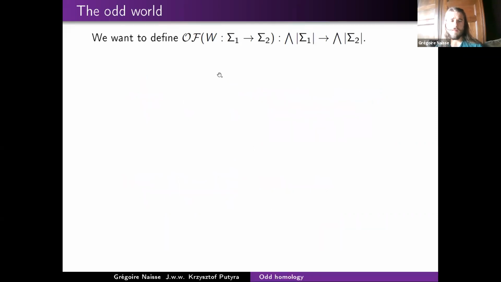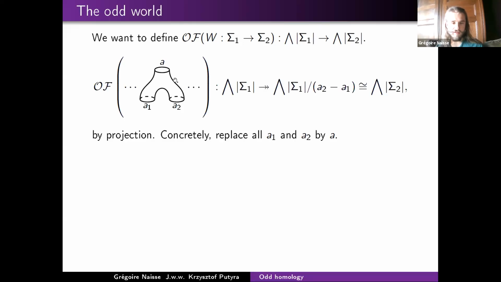So let's do this. Say we want to define the functor F on some cobordism W from a closed one-manifold Sigma 1 to a closed one-manifold Sigma 2. We already know that it should go from an exterior algebra in the number of components of Sigma 1 variables to the number of components of Sigma 2. And we can just look at elementary cobordisms, because all cobordisms are compositions of them.